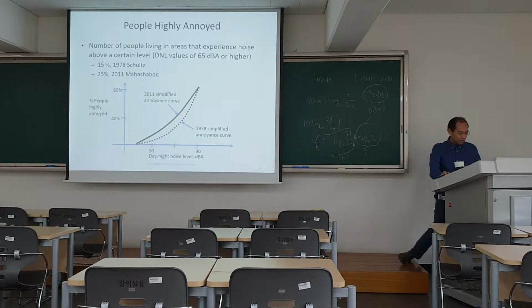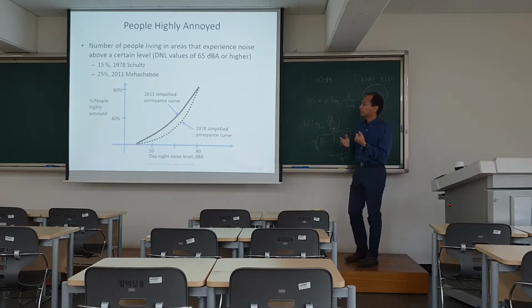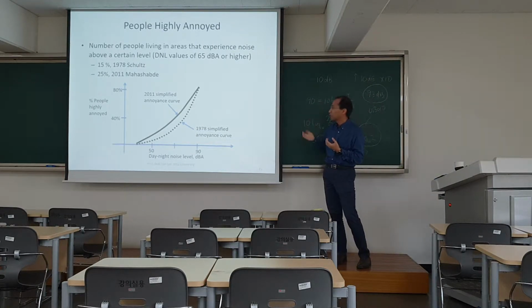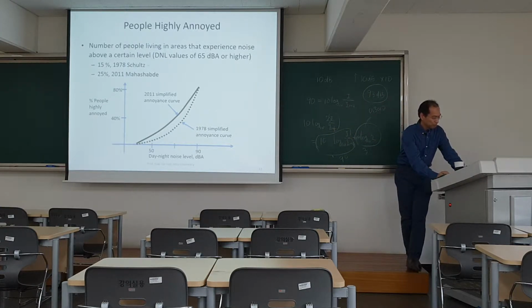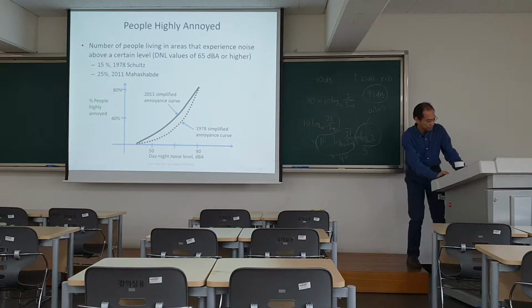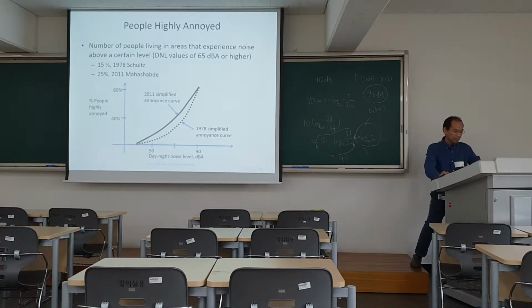So this was a study. One of the difficulties with noise is that it's not just numbers, it's how people perceive it. This study looked at the number of people who are highly annoyed, the number of people in an area that experience a noise level above a certain level. Here, they use a DNL value of 65 decibels or higher. In 1978, only 15% of the people said it's too loud, I can't live here.